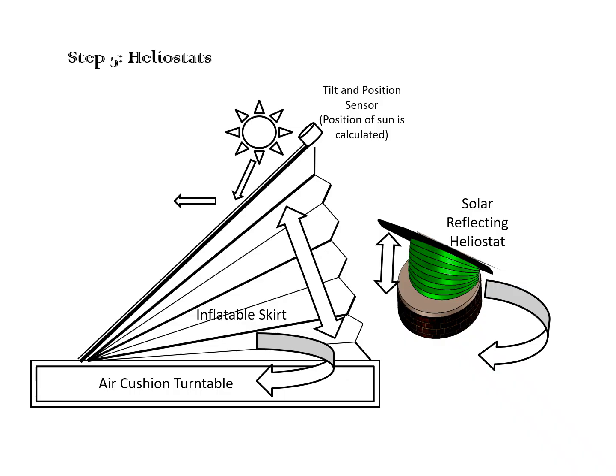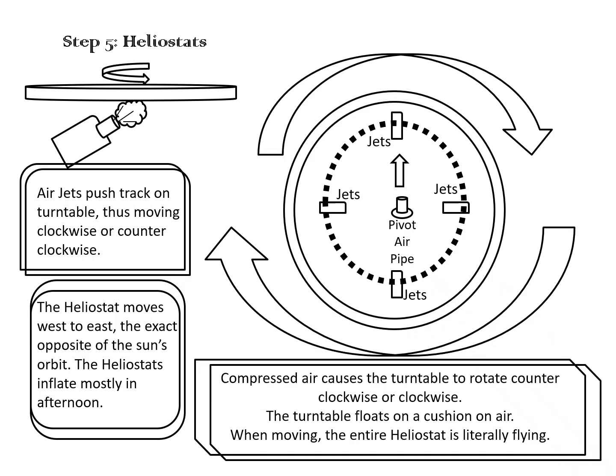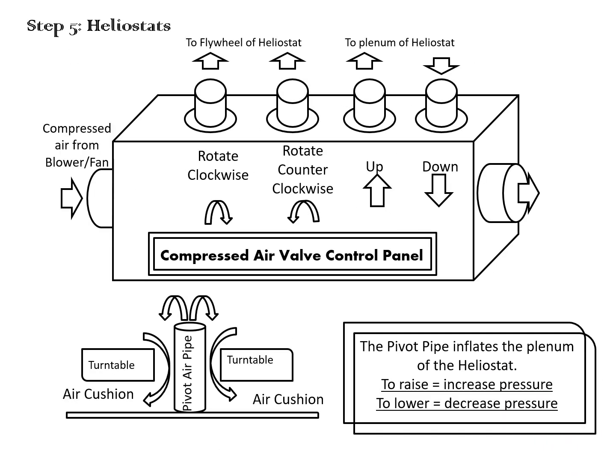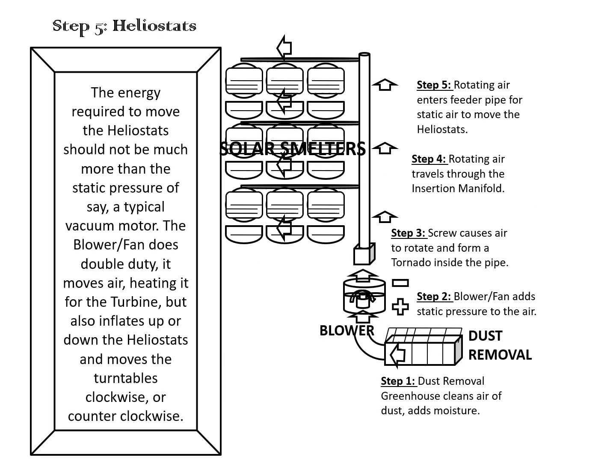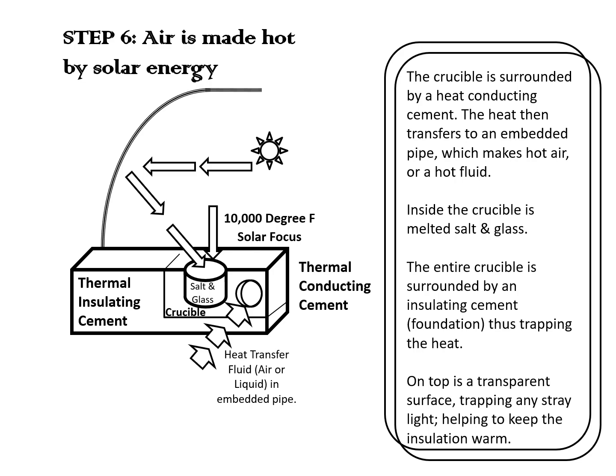One way of creating a heliostat is an inflatable skirt using compression. And this tracks the sun, which then reflects into the solar smelter, the parabolic, which then focuses the rays.